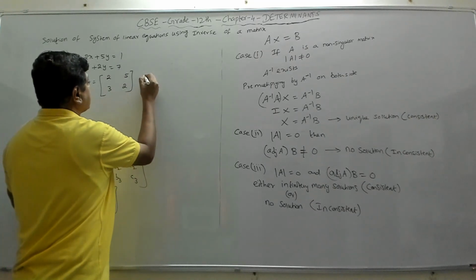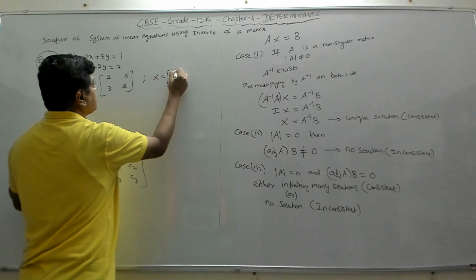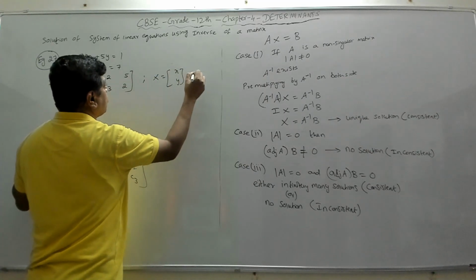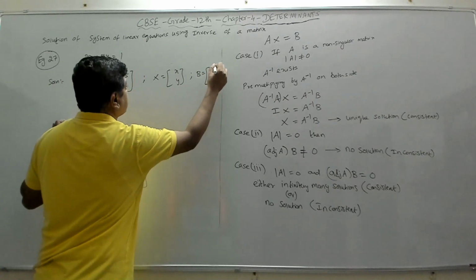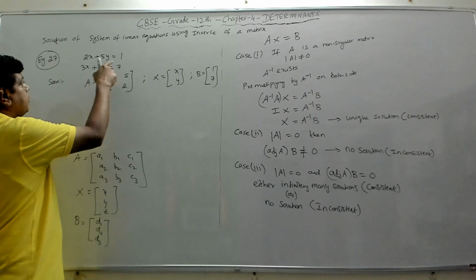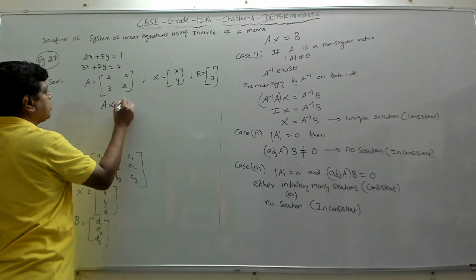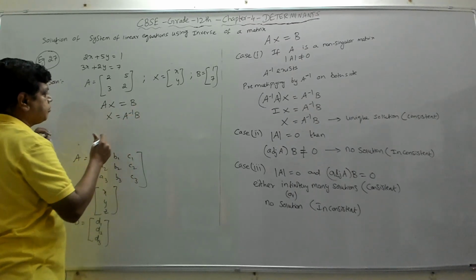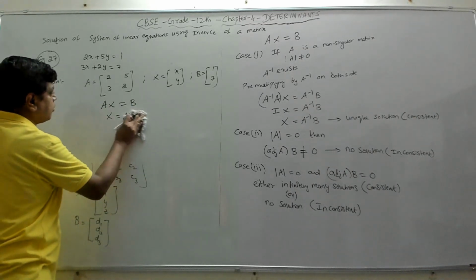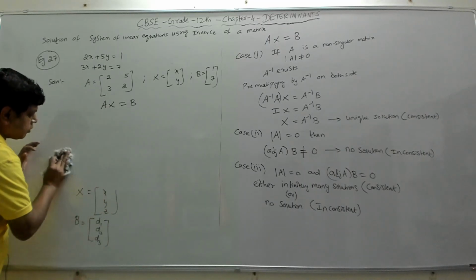Your X matrix is small x, small y, the variables, and your B matrix is the numbers 1 and 7, d1, d2. Now the given equations have become AX equal to B form. So your X will be equal to A inverse B, only if the inverse exists.